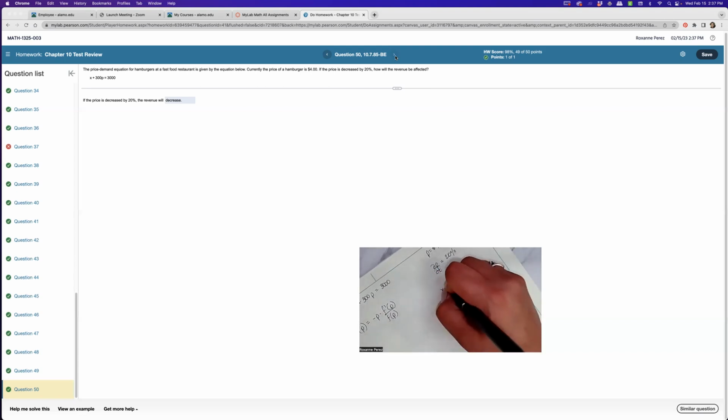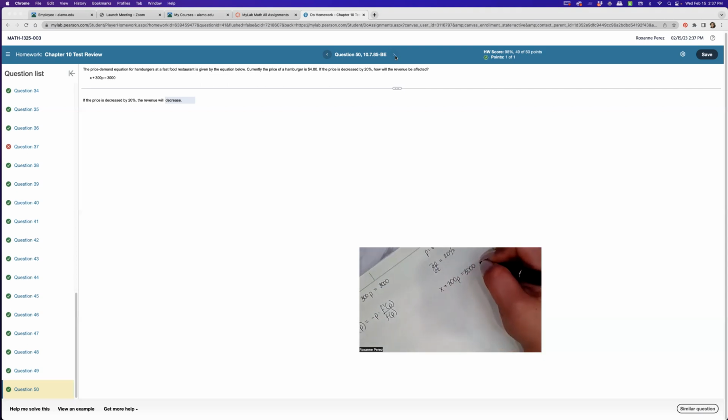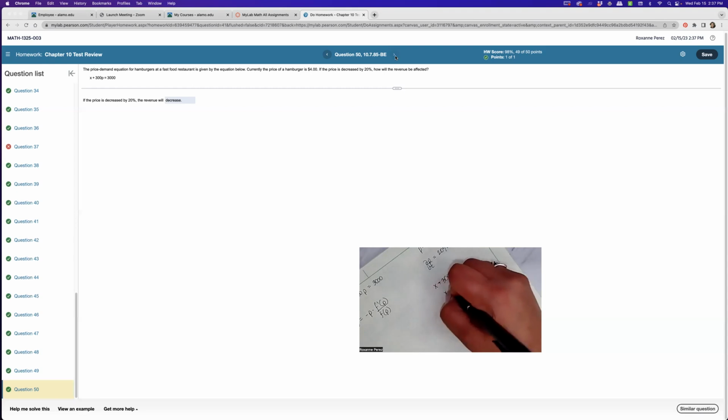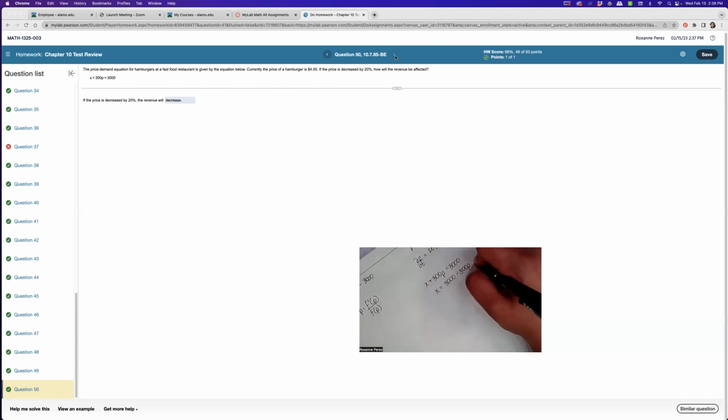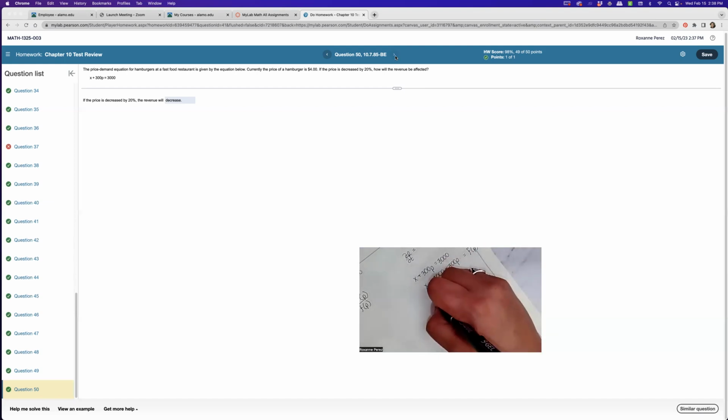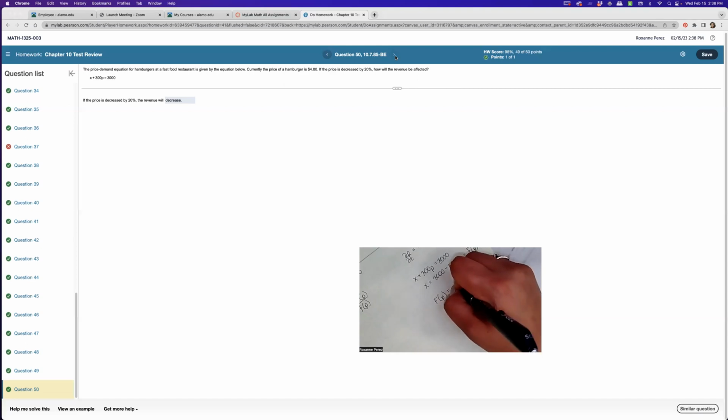X plus 300P equals 3,000. I need to solve for X. So X equals 3,000 minus 300P. Okay, and then this is my F of P function. Then my F prime of P is equal to negative 300.